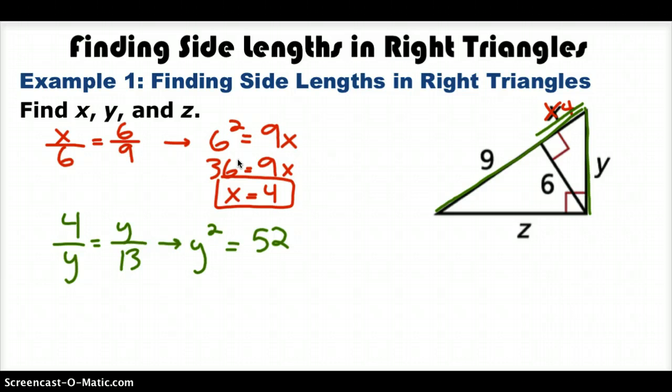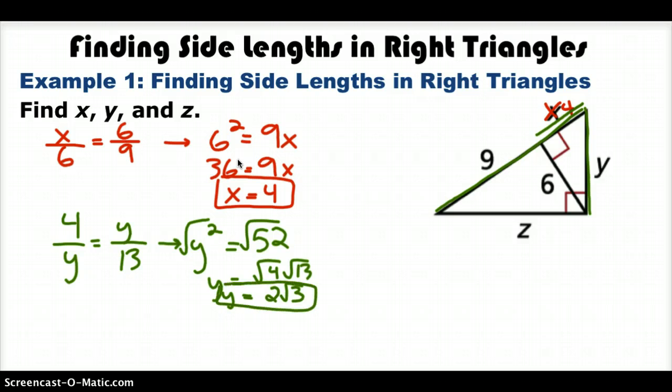I can now take the square root of both sides, and that gives me y equals the same as rad 4 times rad 13, which is 2 radical 13. So y equals 2 rad 13, and we're pretty much good to go here.